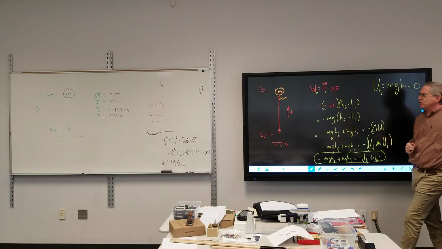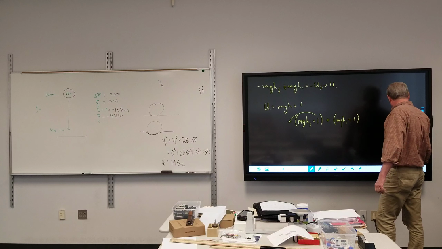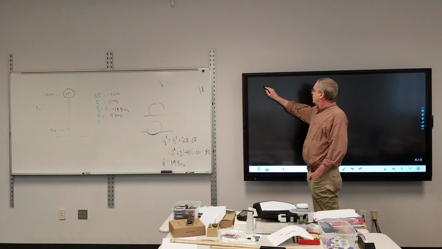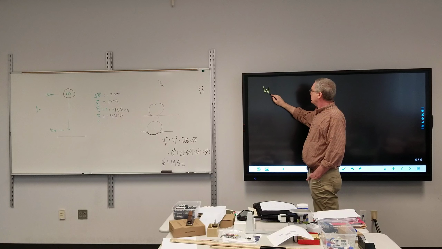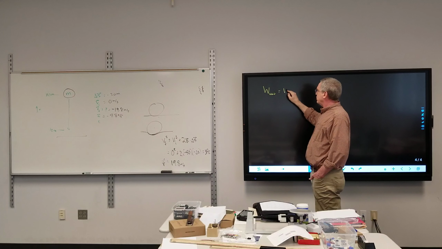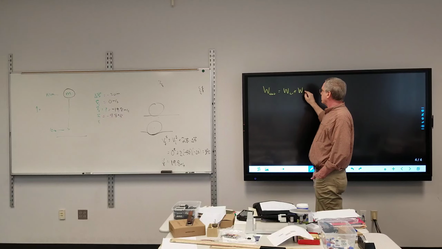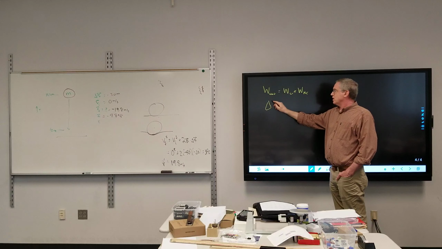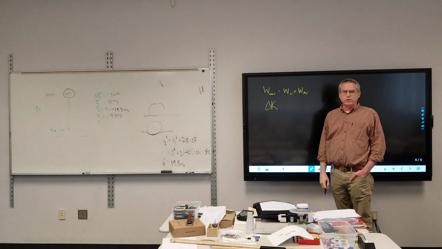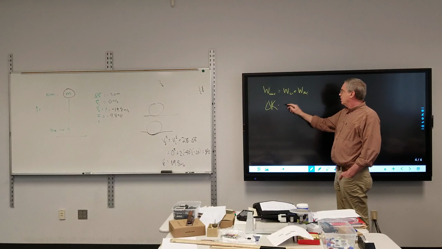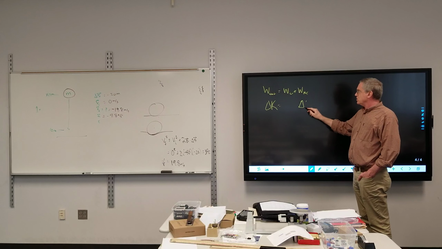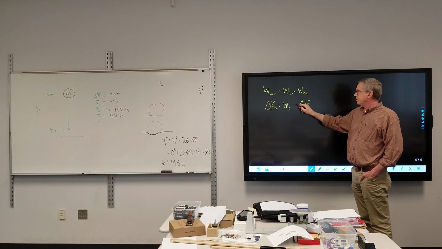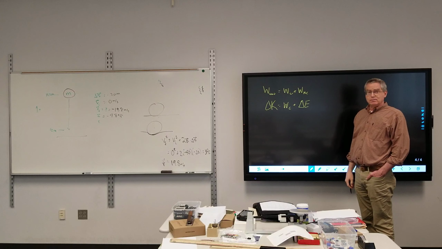It goes back to this. I know that the total work is equal to the conservative work plus the non-conservative work. I know that the total work is the change in kinetic energy, work-energy theorem. The non-conservative work is equal to the change in energy. And so what we're left with is that.